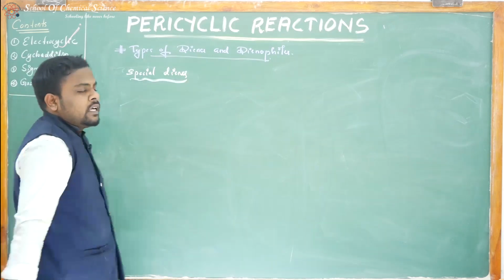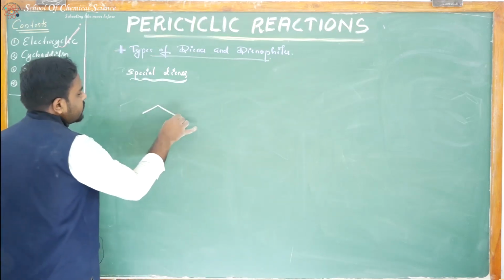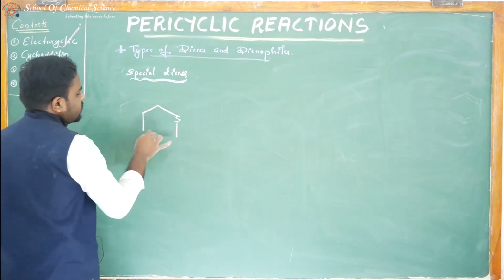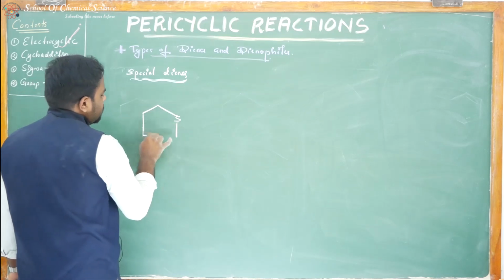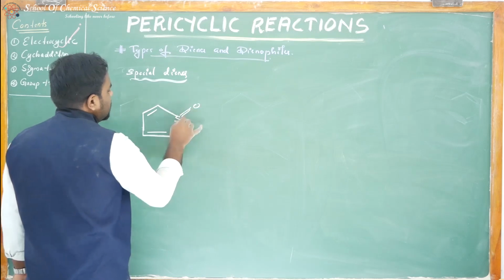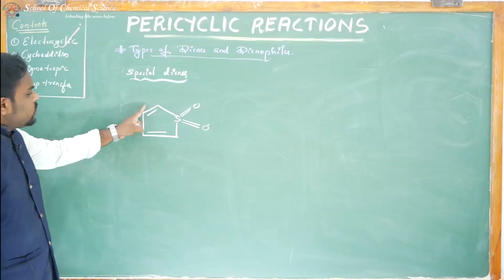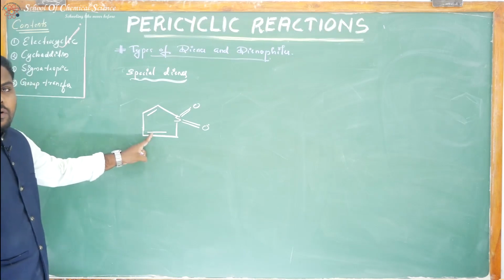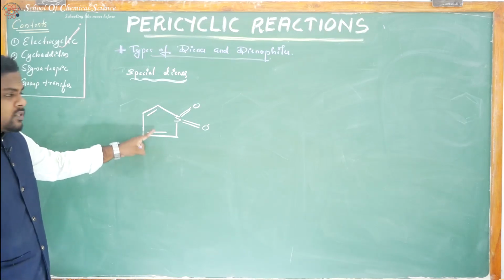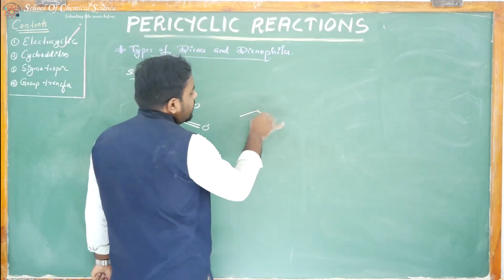Examples of some special dienes. For example, this is an example of a special diene. Here also these two double bonds act as the pi bonds. These two are the dienes, this pi bond and this pi bond, a special diene. Then another example.